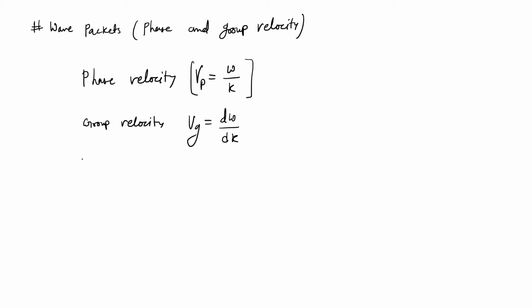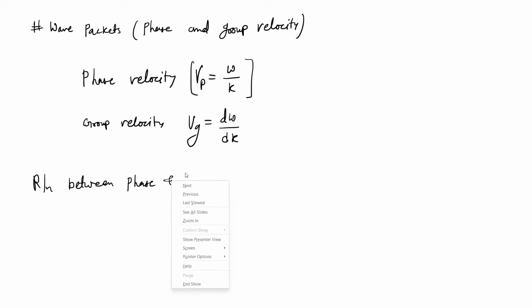So I can write the relation between phase and group velocity. So we have Vg and Vp as mentioned here.